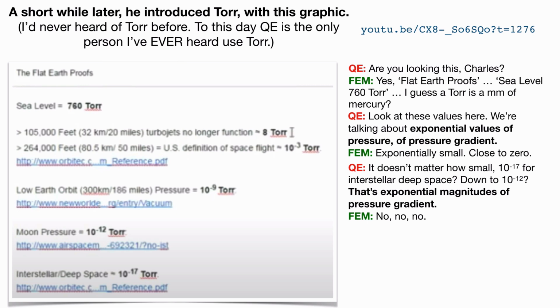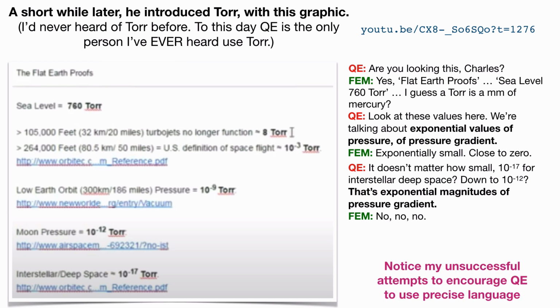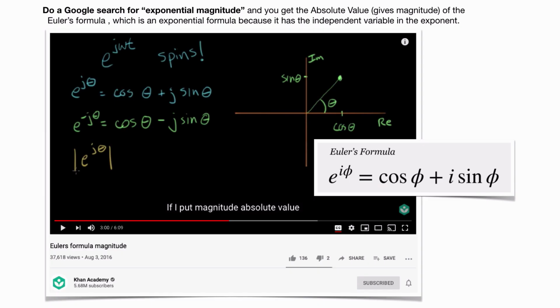So that was from our 2016 conversation. And notice that I was attempting to use precise language, exponentially small, and then when he used phrases like exponential magnitude, I said no, because what is exponential magnitude? So I did a Google search for it because I wanted to cover all my bases and see if there is something actually defined.